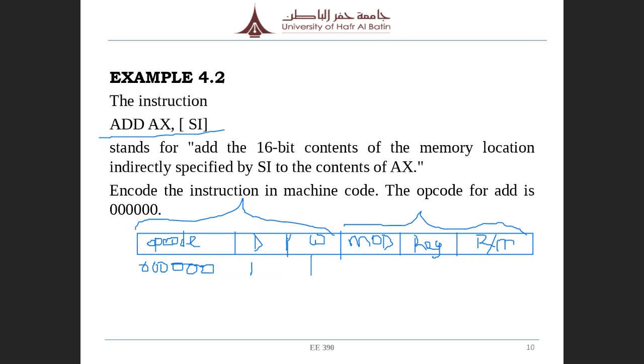If there is no memory involved, neither operand is memory, then it is register mode. Here it is a memory mode with no offset displacement, so it is 00.